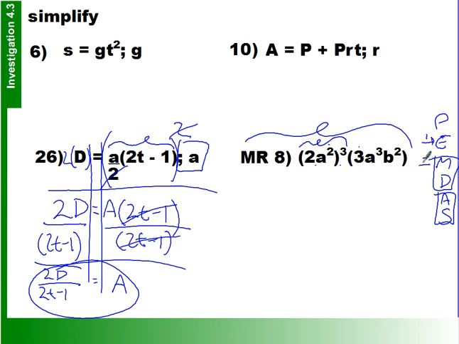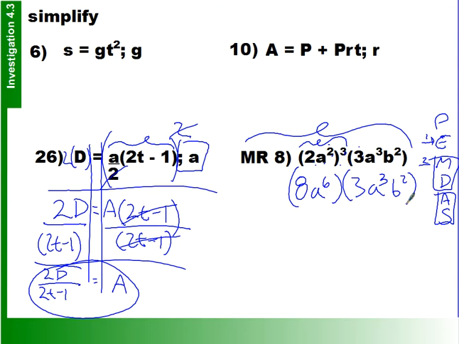So that's 1, this is 2. So 2 to the third is 2 times 2 times 2, which is 8. A squared to the third is going to be a to the, and we multiply the exponents, 6th. And so let's rewrite everything that I have not done so far. So now it's time to multiply the monomials.